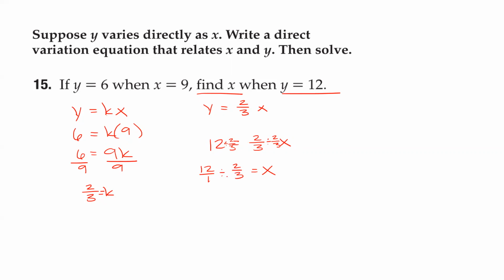Remember, when you're dividing fractions, you multiply by the reciprocal. I can cross simplify here. 2 goes into 2 once, and 2 goes into 12 6 times. So I multiply straight across. 6 times 3 is 18 over 1, which is just 18. So x is equal to 18.